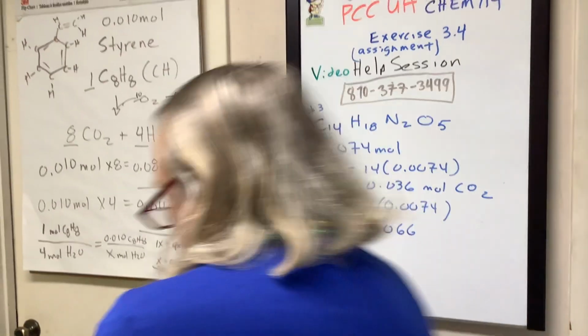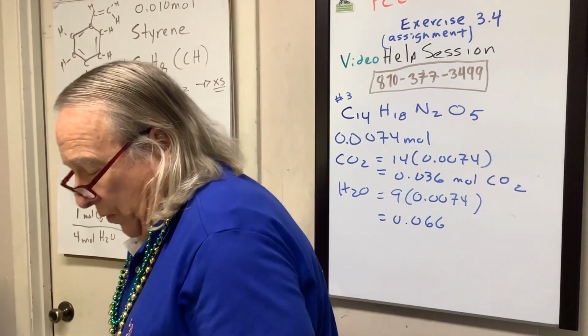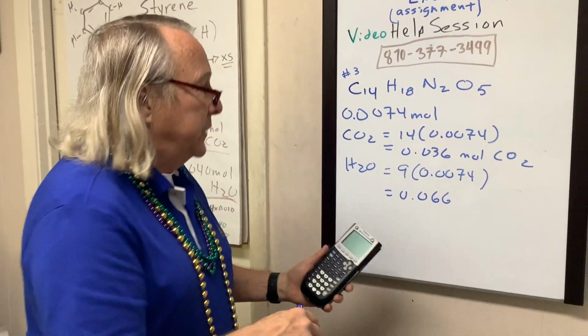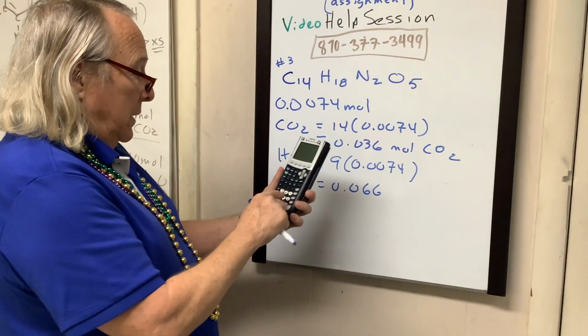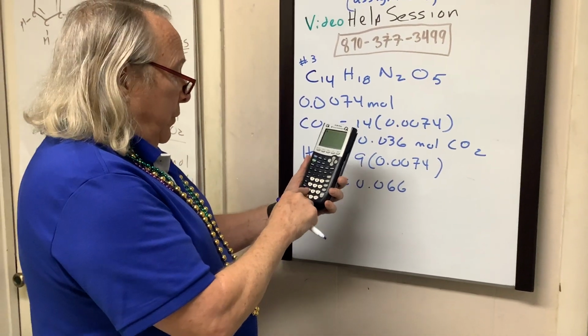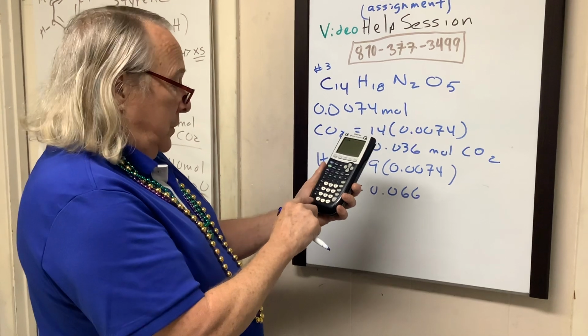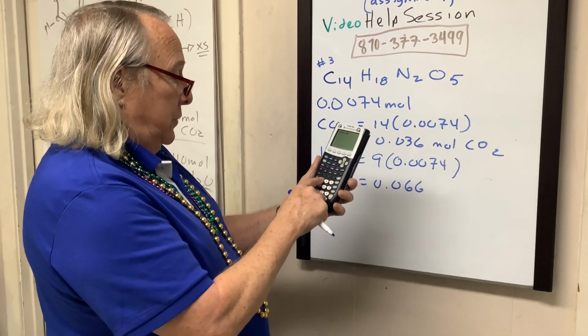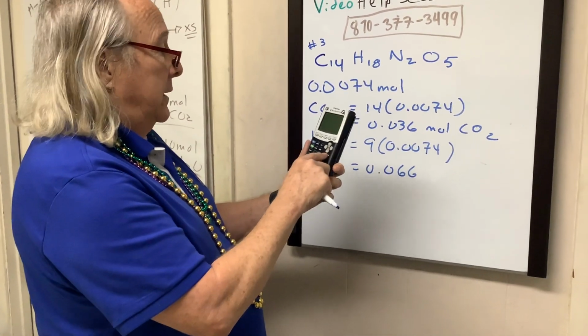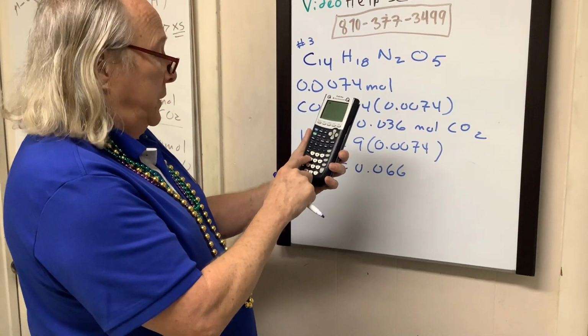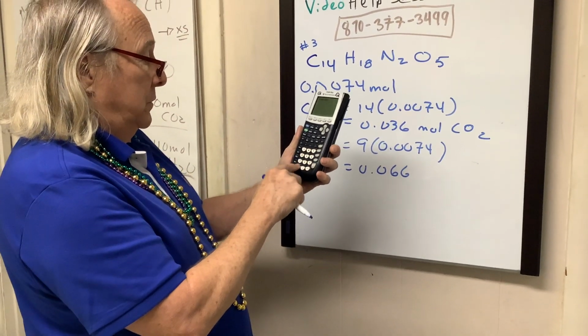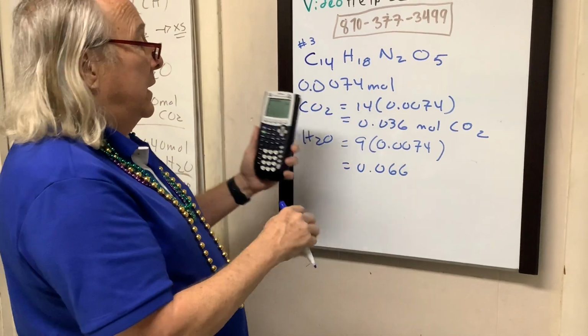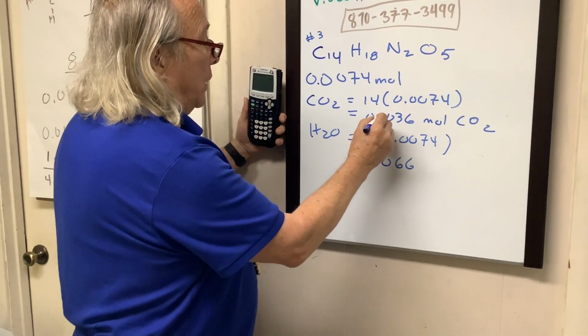I'm sorry, I should have had my calculator handy, or I should have printed more neatly. TI-84, 14 times 0.0074, fat fingers, 14 times 0.0074 is equal to 0.1036.